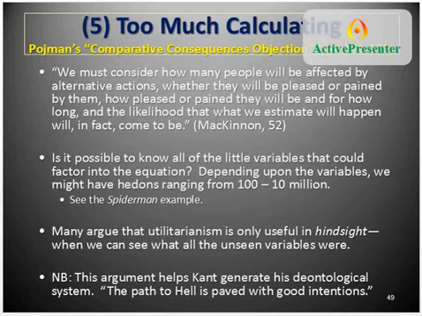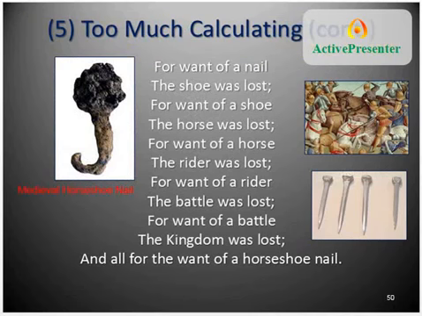Depending upon the variables, we might have hedons ranging from 100 to 10 million. All right? And so many argue that utilitarianism is only useful in hindsight when we can see what all of the unseen variables were. Nota bene, this argument helps Kant generate his deontological system, and the path to hell is paved with good intentions. All right, this poem illustrates this problem of calculating, of doing the hedonic calculus.